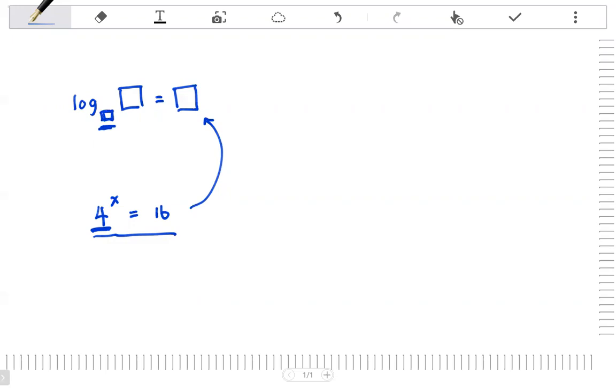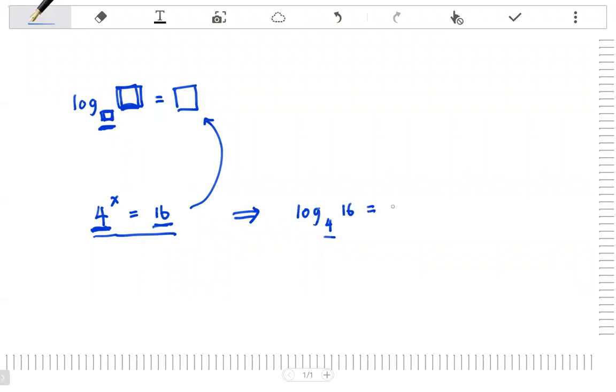So in the same way that this is a base and this is a base, when we rewrite this as logarithm form, our base goes here. So this 4 goes into the base portion of the logarithm form. And this part is where our answer goes, or what it equals to in the exponent form. In this case, it's 16.